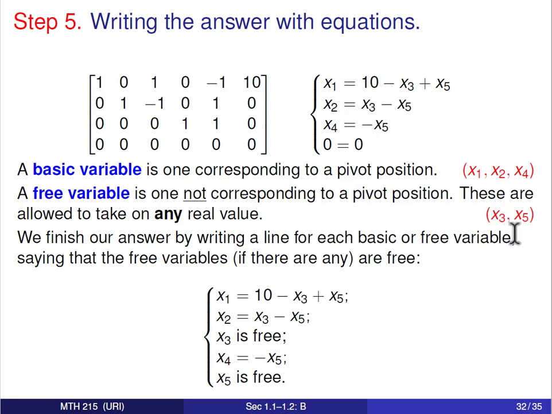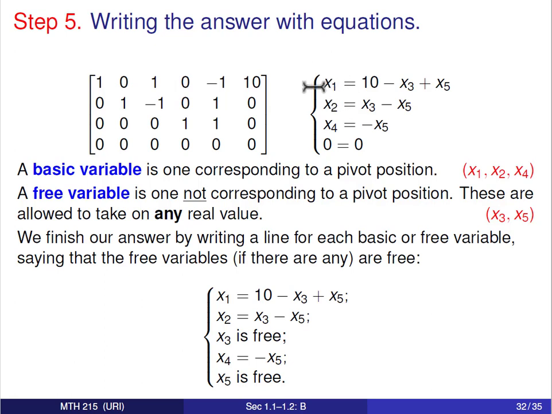So x3 and x5 are free variables, and as we're told here, we're going to write a line for each basic or free variable. I'm going to write a line for x1, and what I'll do to get that line is I'll take the equation that x1 was the pivot variable in, x1 plus x3 minus x5 is equal to 10, and I will solve that equation for x1.